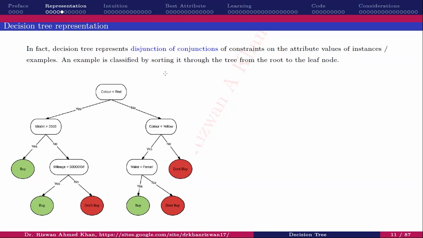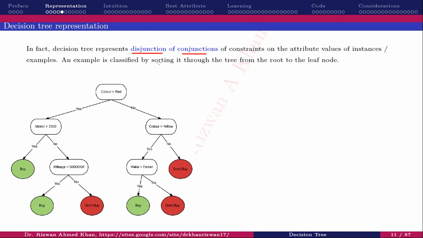So in fact, decision tree represents disjunction of conjunctions. You all have heard, I think, these two terms in discrete mathematics or discrete structures. So a decision tree represents a disjunction of conjunctions of constraints on the attribute values of examples.